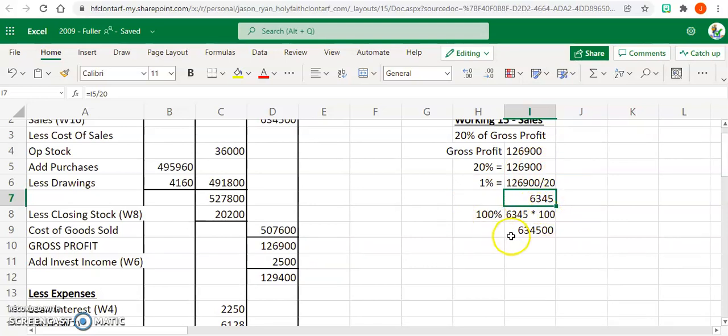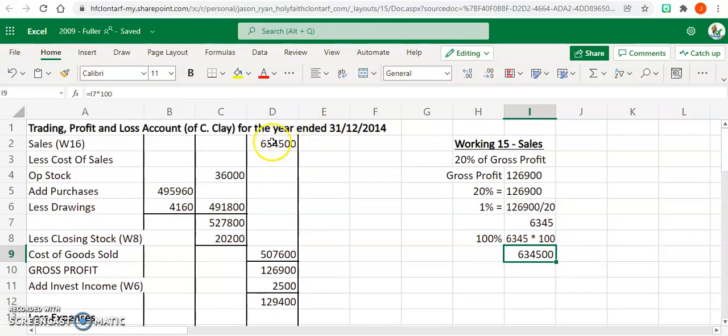So 100% is equal to 634,500. That's our sales figure, so we know this is our sales figure up here. Now we can work backwards again and fill in the blanks to help us calculate our purchases, because that's the other figure that's missing.